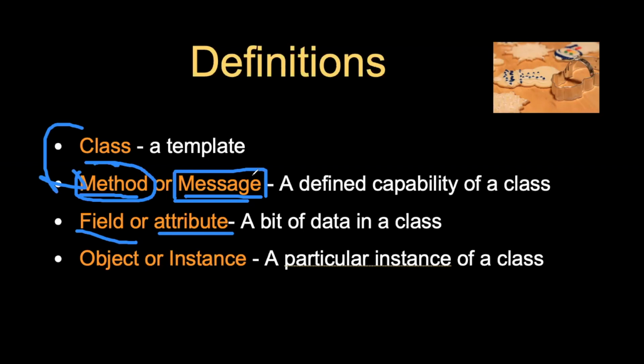Thinking abstractly, the entire object has these properties or inclinations to do something. It also has a certain set of behaviors, right? So methods, fields, messages, attributes, properties and behaviors. I'm using these terms interchangeably to make it more suitable for learning.